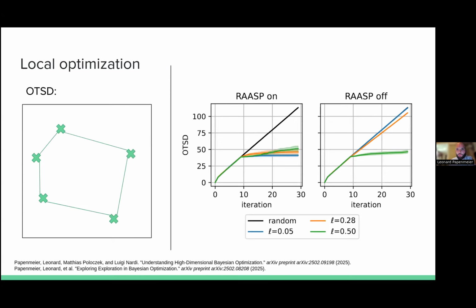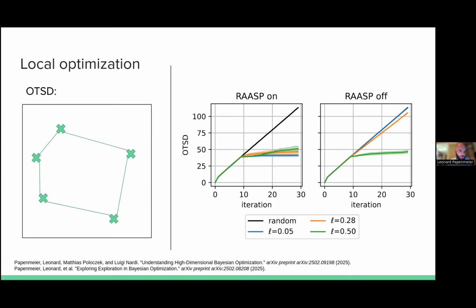So we provide some further evidence that RASP makes high-dimensional BO work. For this, we first need to introduce the notion of OTSD. OTSD stands for Observation Traveling Salesman Distance. And it is the approximately shortest route connecting all the points that were selected during the BO loop.